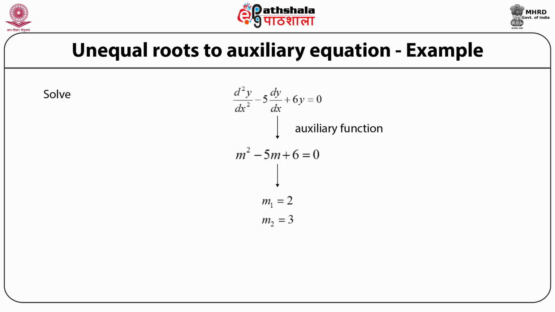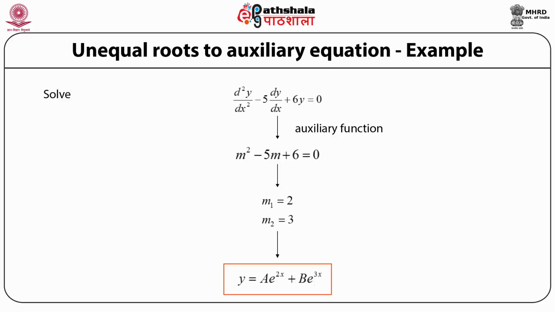The solution of such differential equations is going to be a very simple one. y is equal to a times e to the power 2x plus b times e to the power 3x. Now how do we find a and b? That is with respect to the boundary values of x. At x equal to some value, they might have given values like 1, 2 or 5. Then another y and x value means there will be another number.